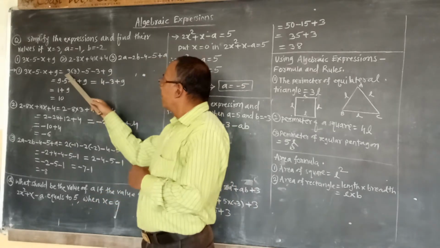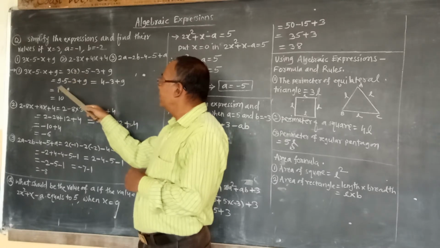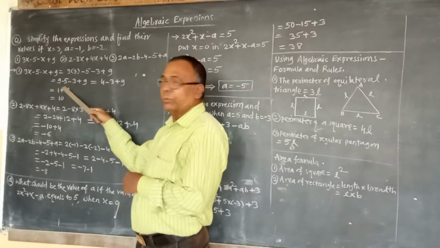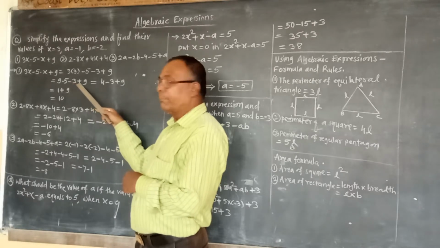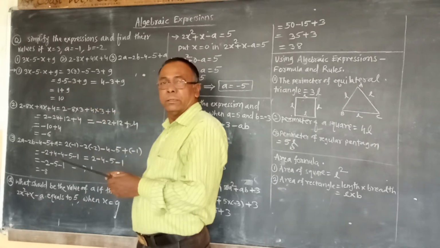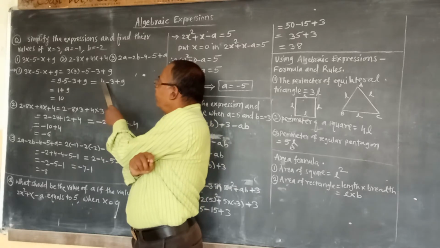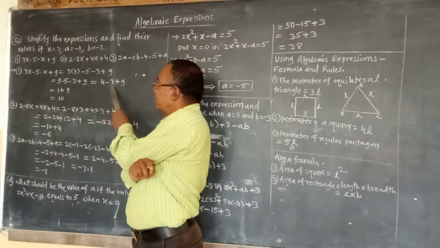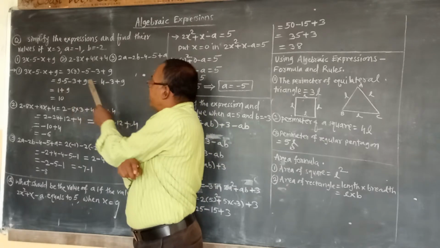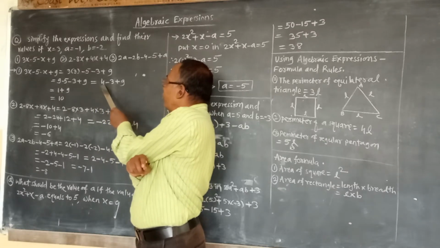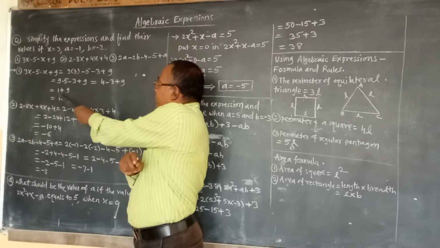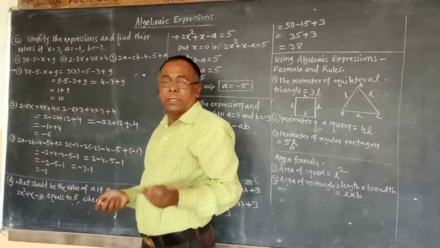Here 3 3s are 9, minus 5 minus 3 plus 9. 9 minus 5 is equal to 4, minus 3 plus 9. Again 4 minus 3 is 1 and 1 plus 9 is 10.